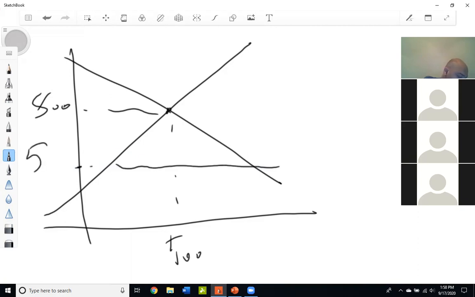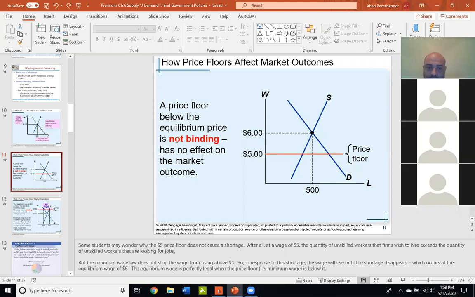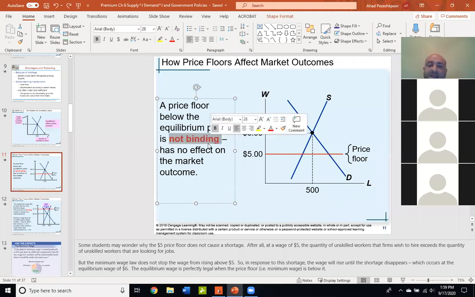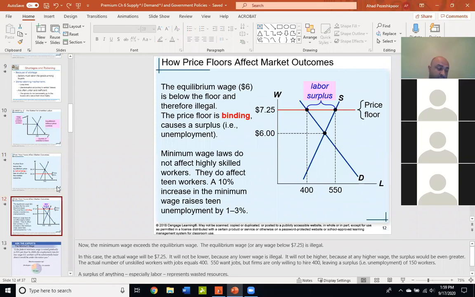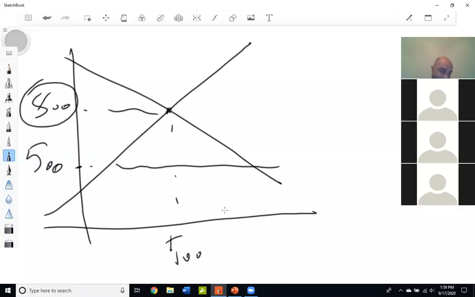Let's say 500. Corporations would say, okay, we don't care, because already they're paying us more. We also say, okay, we don't care because we're already receiving more. No one cares about this law, and it's non-binding. At this point, price is not binding. It has no effects.